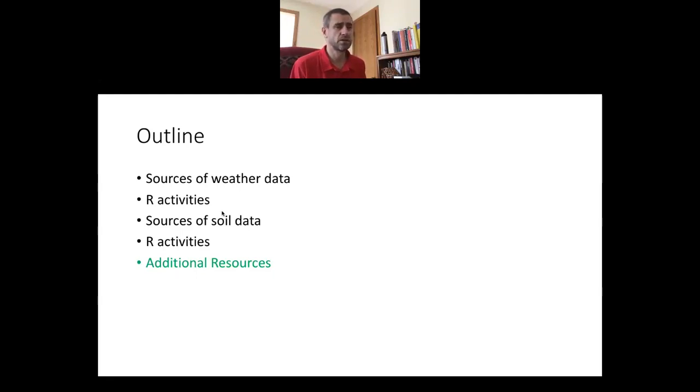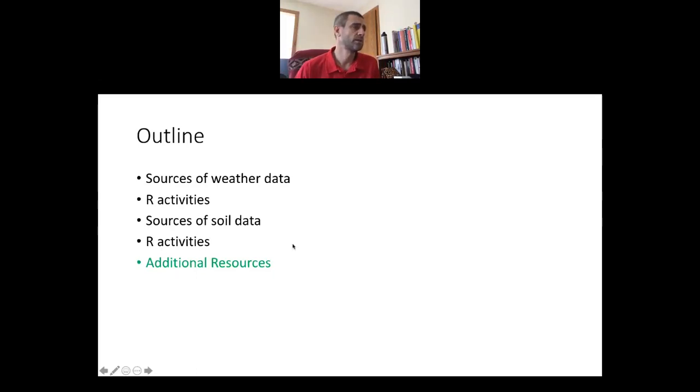So my recommendation is not just to simply download data and trust that the data is going to be correct. It is important, if you are interested in accurate simulations, to perform visualization, analysis, manipulation, etc. of both weather data and soil data.